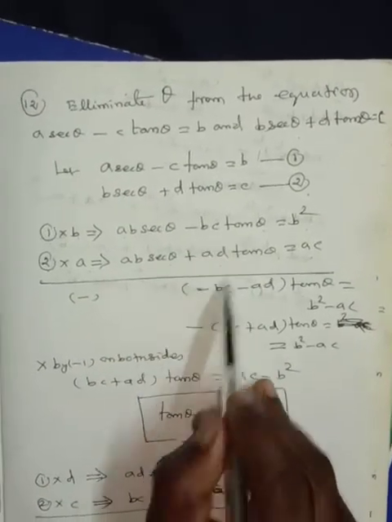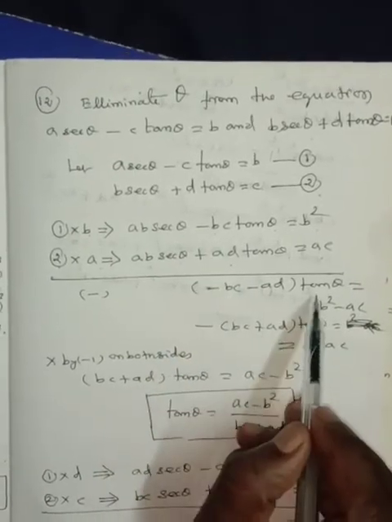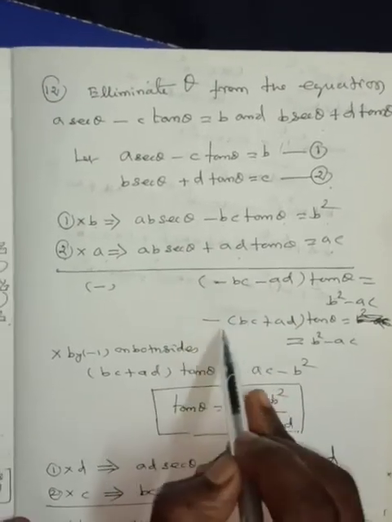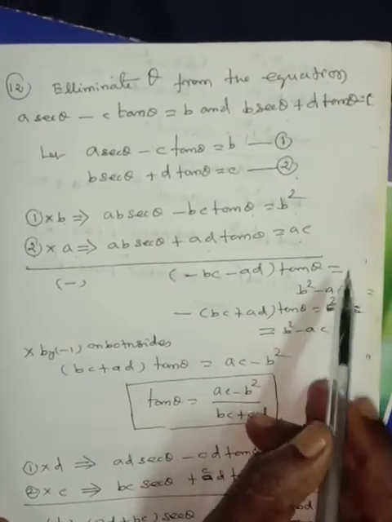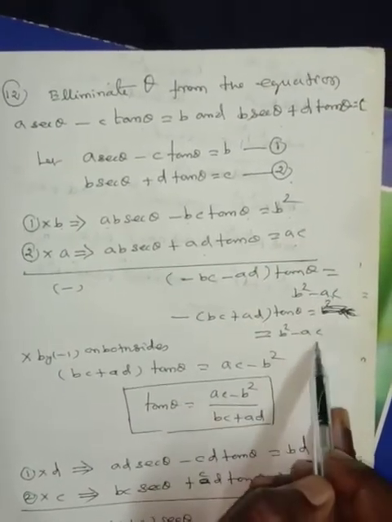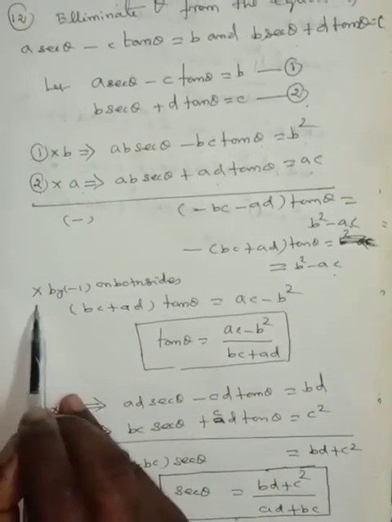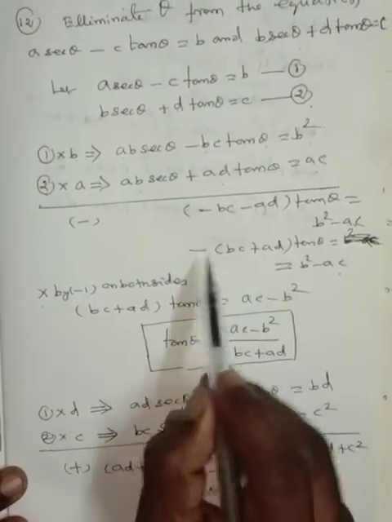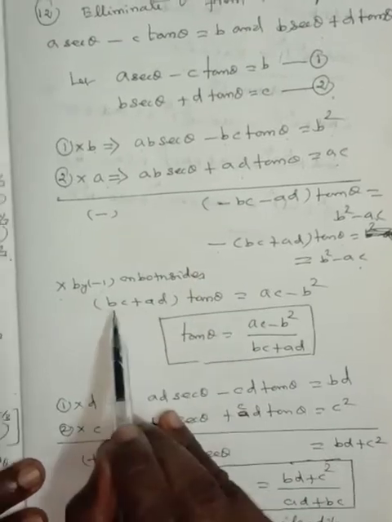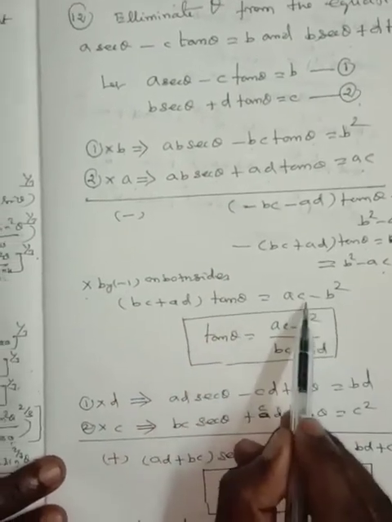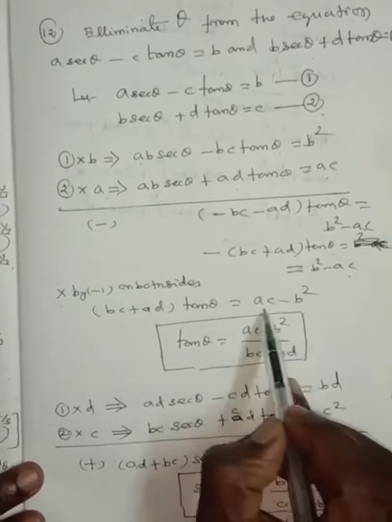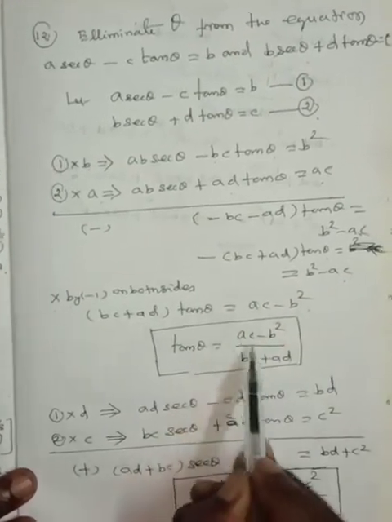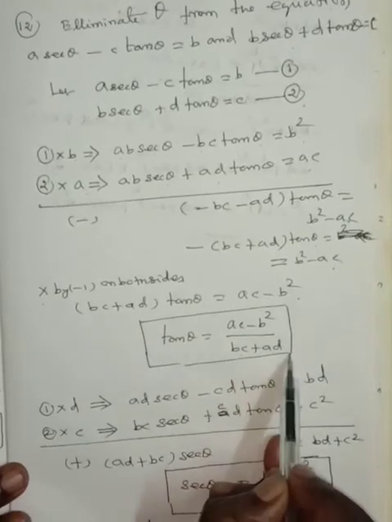Remaining part minus bc tan theta minus ad tan theta, common minus bc plus ad of tan theta is equal to right hand side b square minus ac. Multiply minus 1 on both sides, we have this side positive. So bc plus ad into tan theta is equal to ac minus b square. So tan theta is equal to ac minus b square divided by bc plus ad.